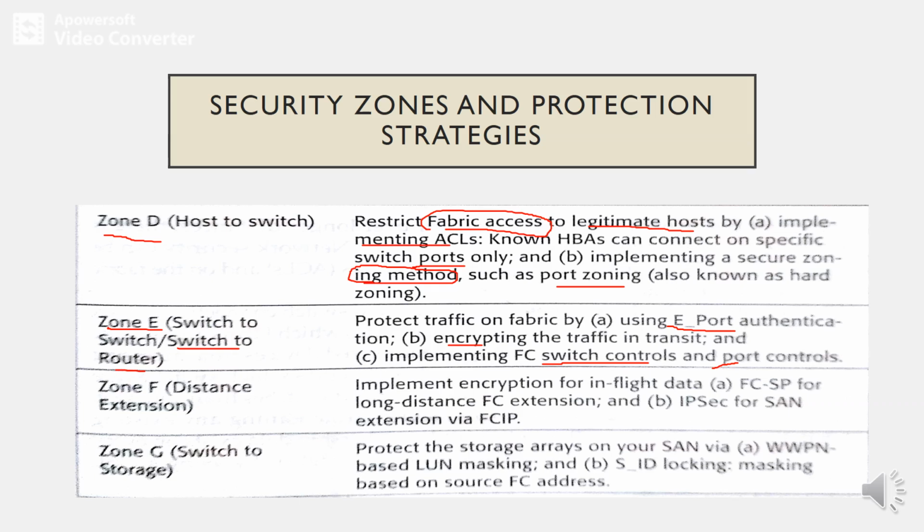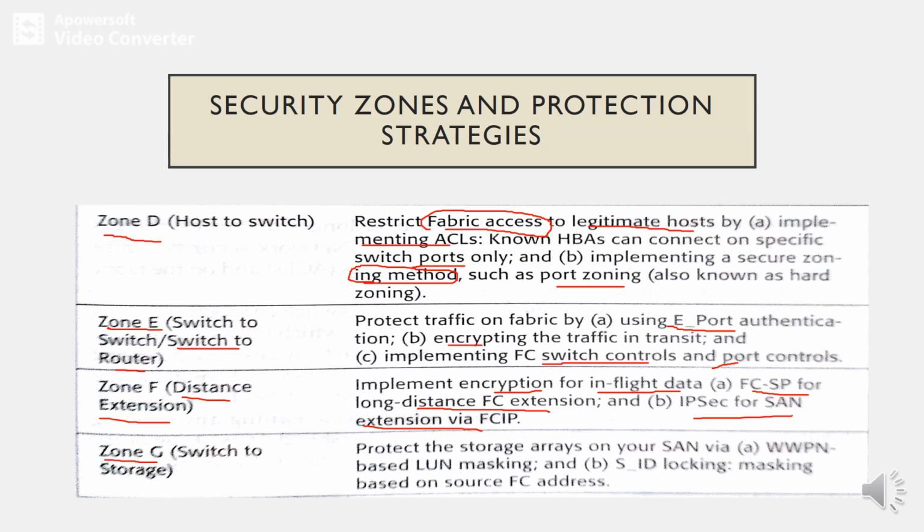The next one is zone F, distance extension. Here the security measures can be implemented by encryption for in-flight data as well as Fibre Channel SP for long distance, that is Fibre Channel extension, and IP security can be implemented for SAN extension via FCIP, that is Fibre Channel over IP.